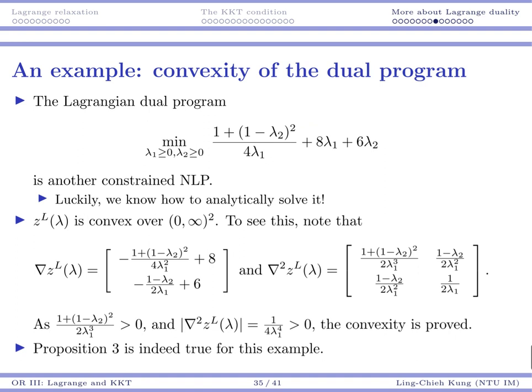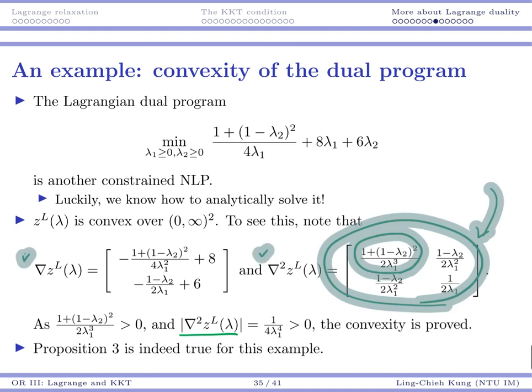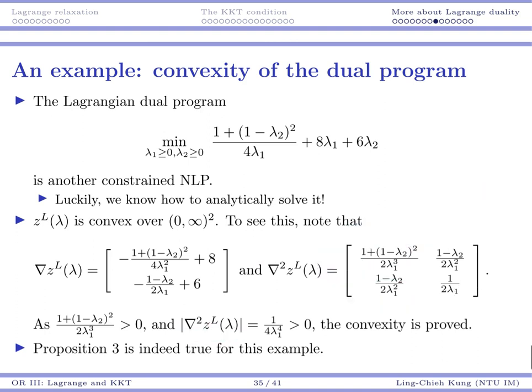And then if you do gradient and the Hessian, you may get your Hessian something like this. And then you may take a look at the first element or the whole matrix and try to take a look at the determinants. So through the direct calculations, we may see that indeed this function is convex.